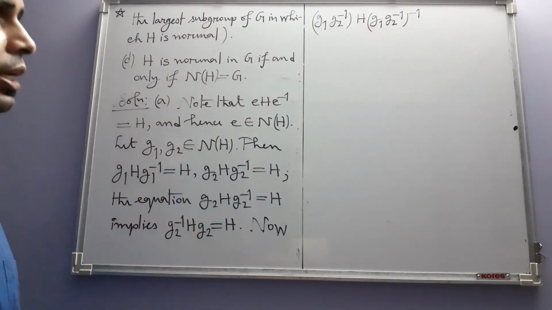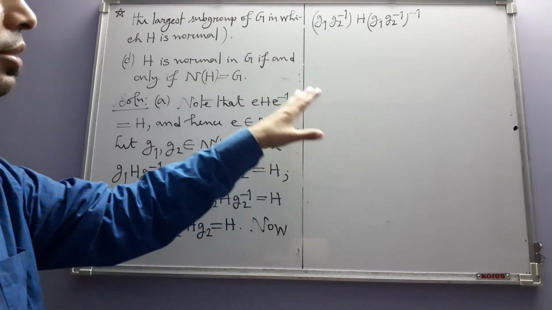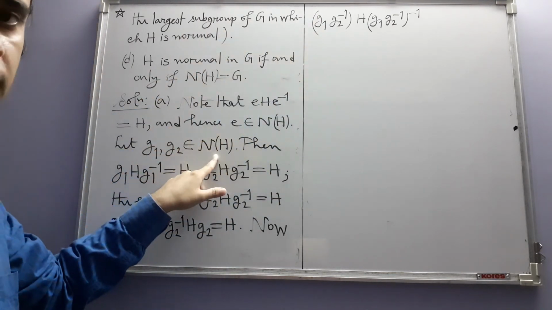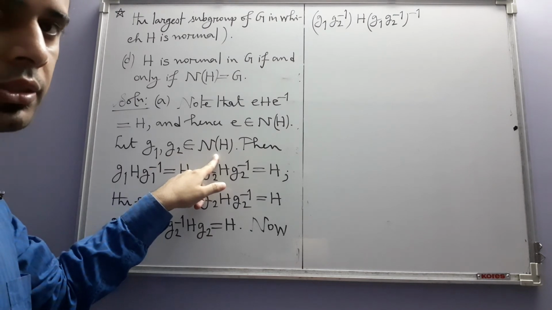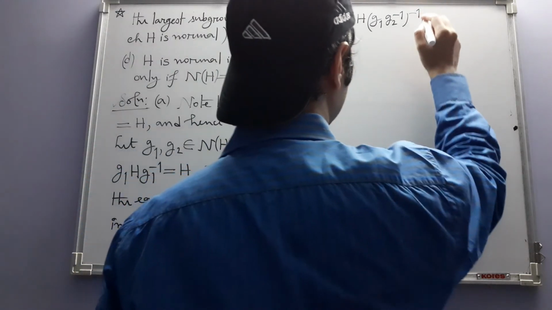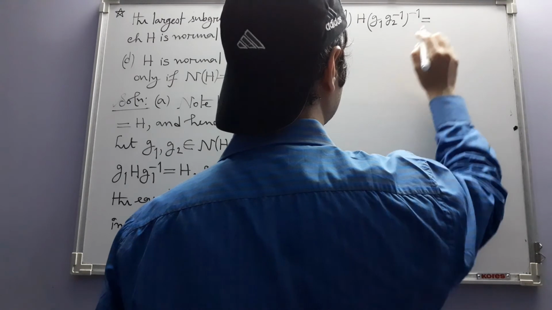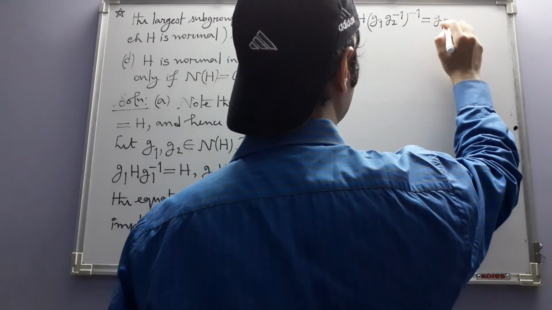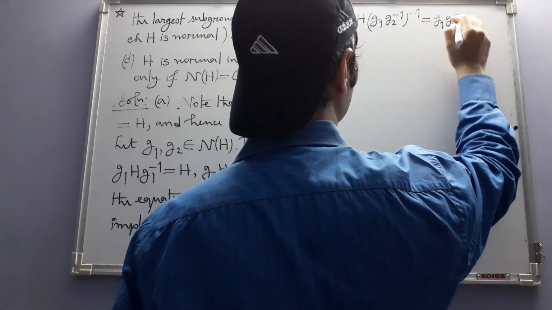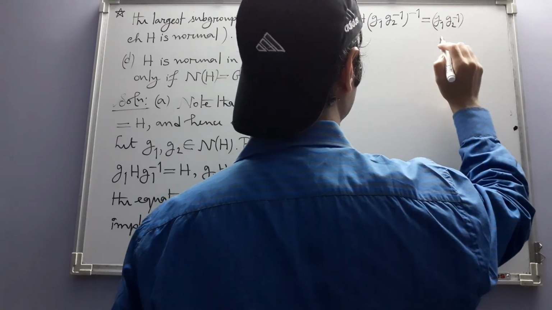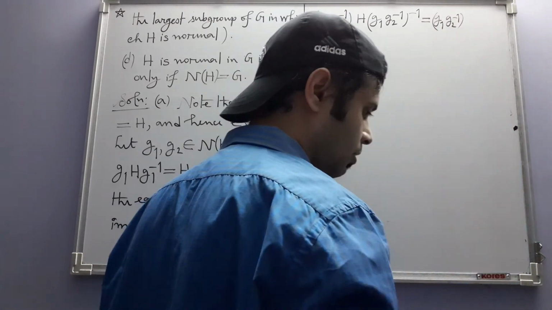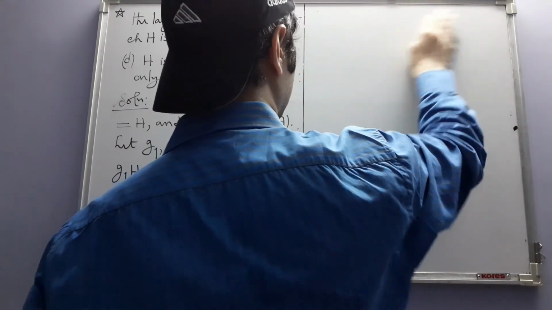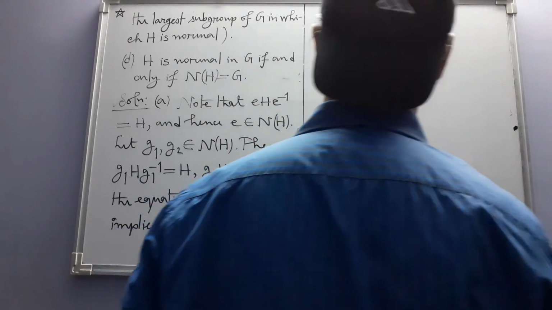If we can show that this equals H, then that will imply that G1 G2 inverse belongs to NH, and that will prove that NH is a subgroup. So by group theoretic law, this will be G1 G2 inverse, or is it better to write it in the equation array format?